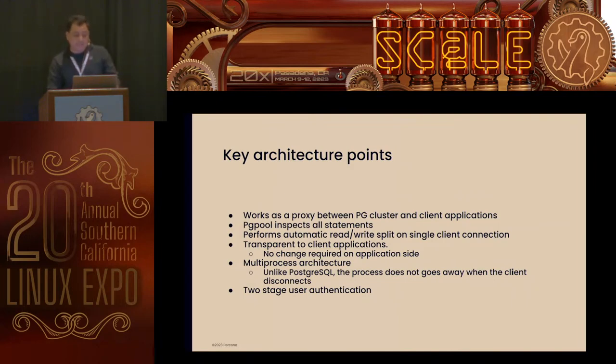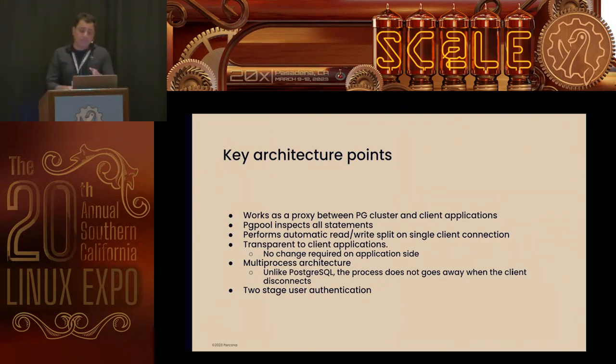And as I said, it has its own parser, so it inspects all the statements, which eventually has an overhead, and then performs automatic read-write split, which we discussed a few slides back, and that is transparent to the client. So you can just hook it up in front of any legacy application. It is a multi-process architecture, just like Postgres, but unlike Postgres, the process stays there when the client disconnects.